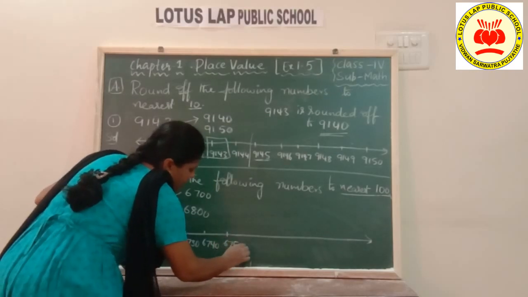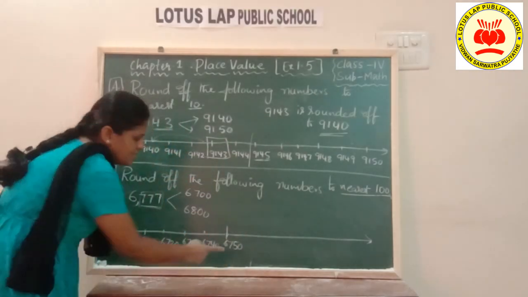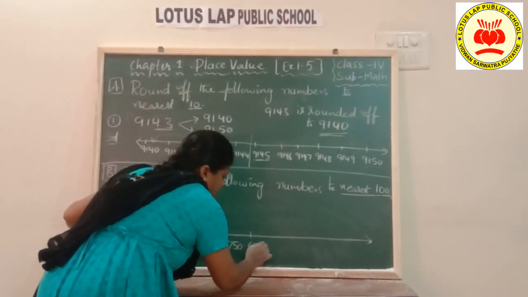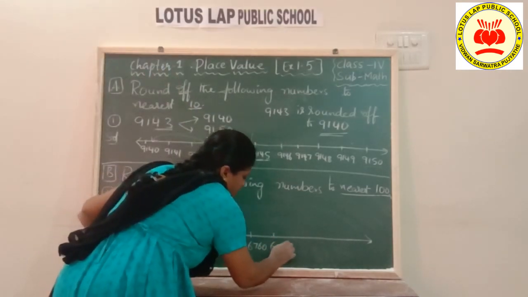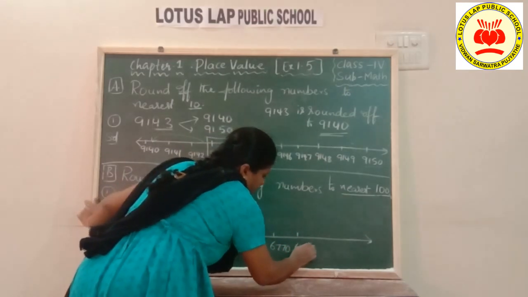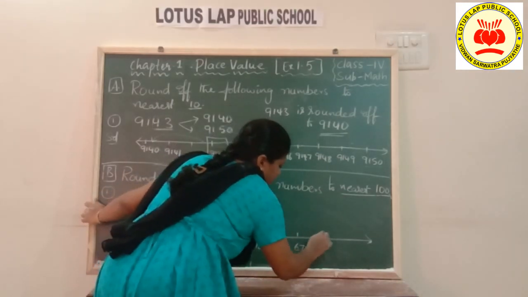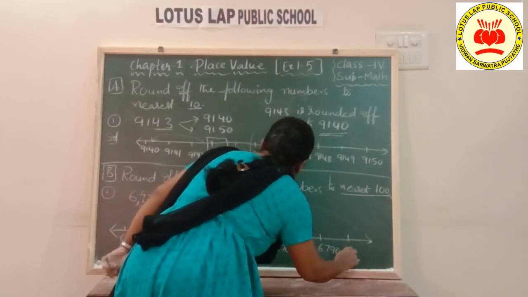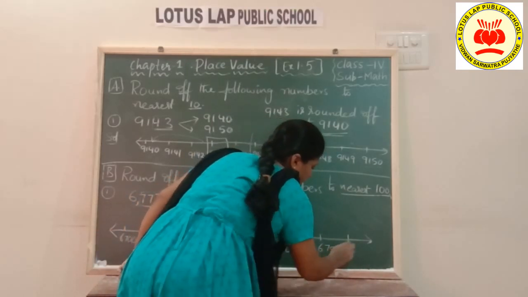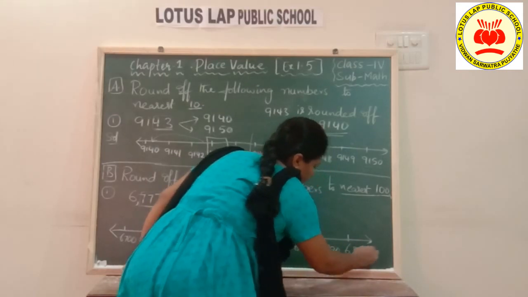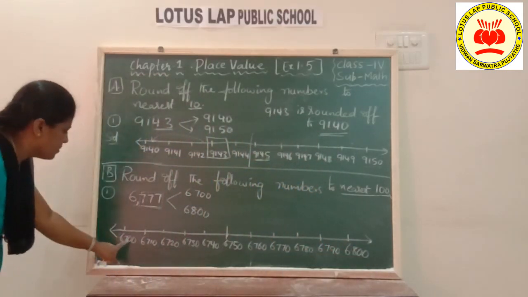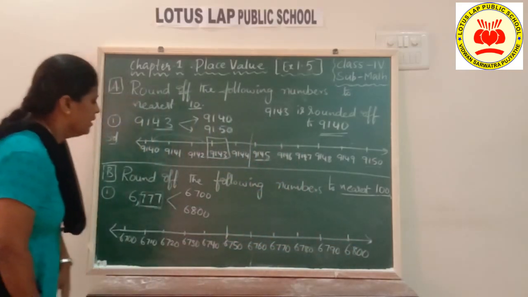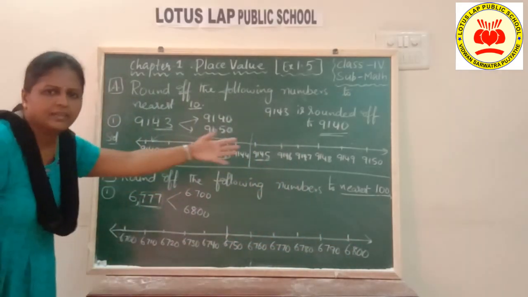So this is the middle number, children, 6750. 60, 6770, 80, 90, 6,800. So all the numbers starting from 6700 to 6800 I have written, increasing every number by 10, children.